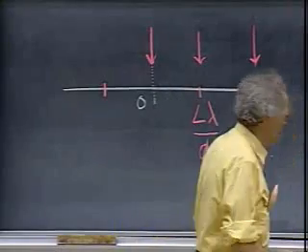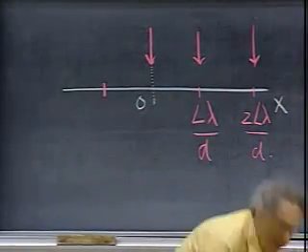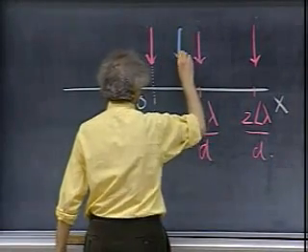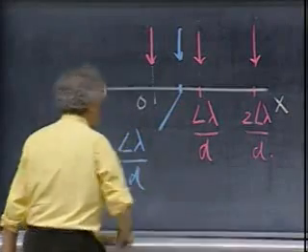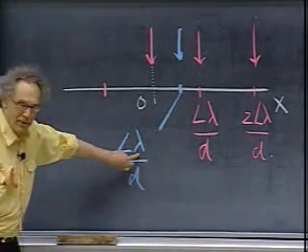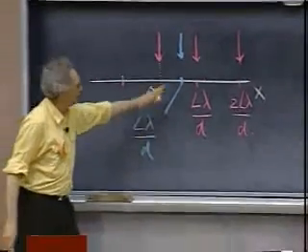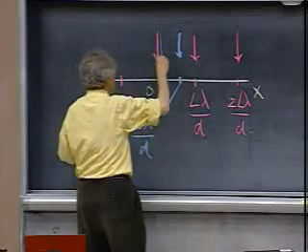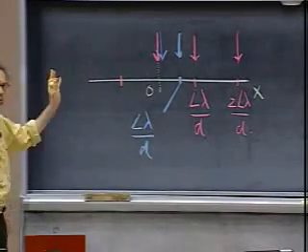How about the blue light? The blue light will have maxima here, where L lambda divided by D, but lambda is different. Lambda for blue light is substantially smaller than for red light. So the maximum of the blue will fall here. The maximum of the blue will always fall at n equals 0, together with red.